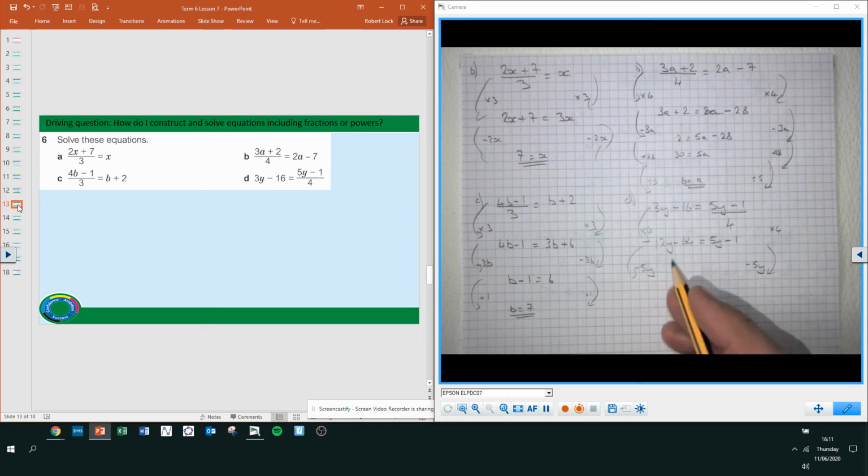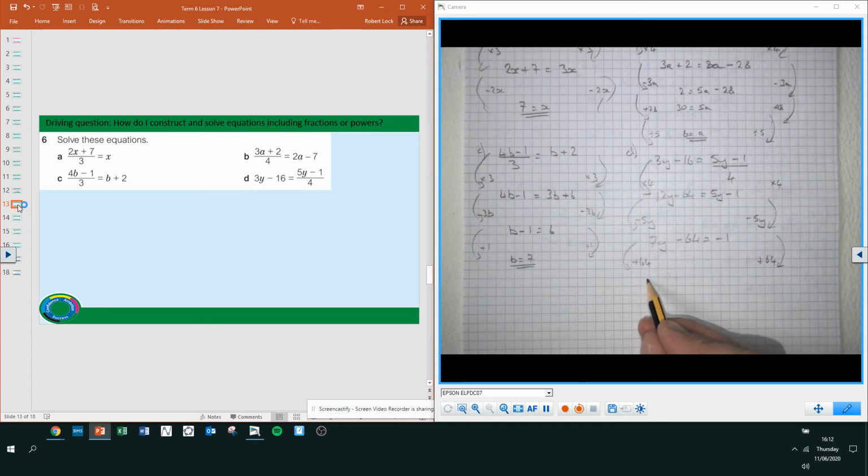So 12 take away 5 is 7y, minus 64 equals minus 1. Get rid of the minus 64, we add 64 to both sides. That is 7y equals minus 1 plus 64 is 63. Then we divide by 7 on both sides to get y. y equals 7 into 63 go 9. The answer is 9.